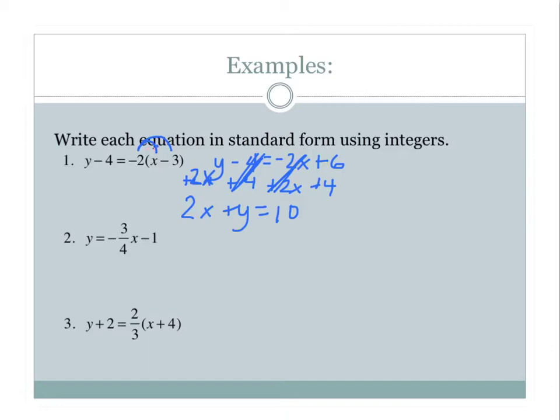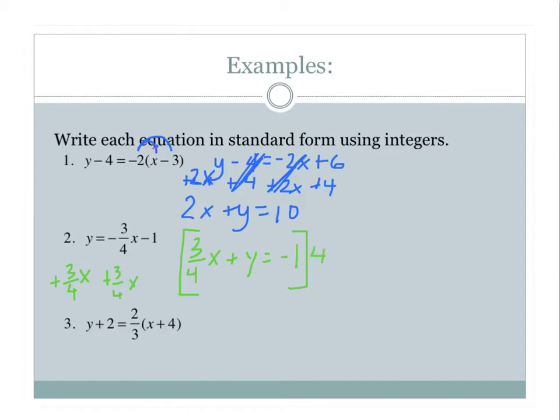So we've got y equals -3/4 x minus 1. We're going to get the x and y on the same side by adding our 3/4 x to both sides. We're going to have 3/4 x plus y is equal to -1. We're going to take the entire equation and multiply by the least common denominator there, which in this case is 4.